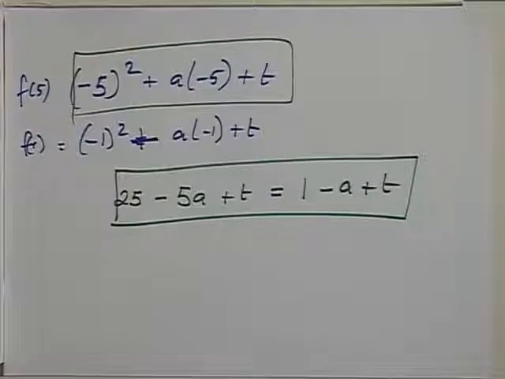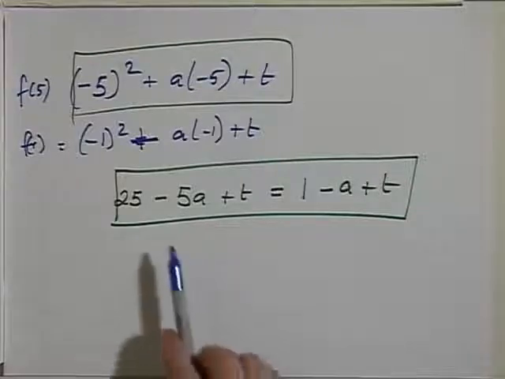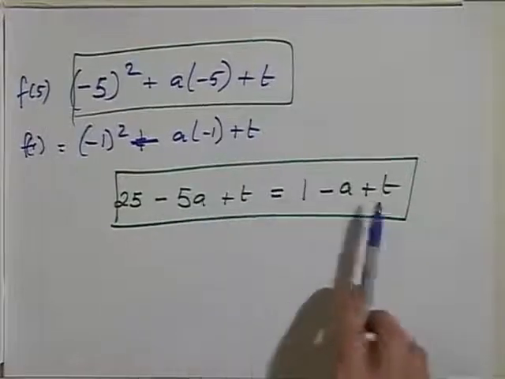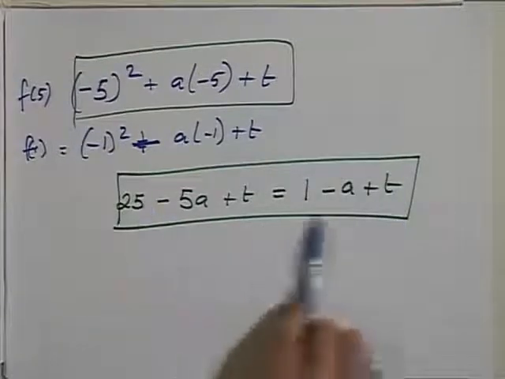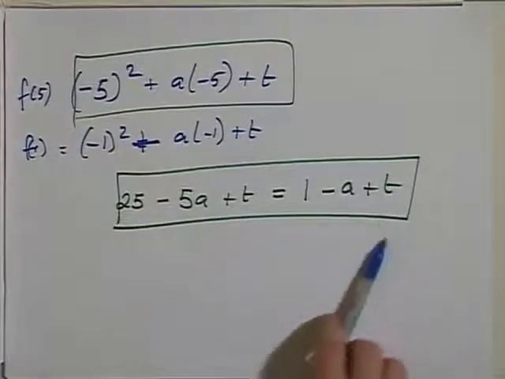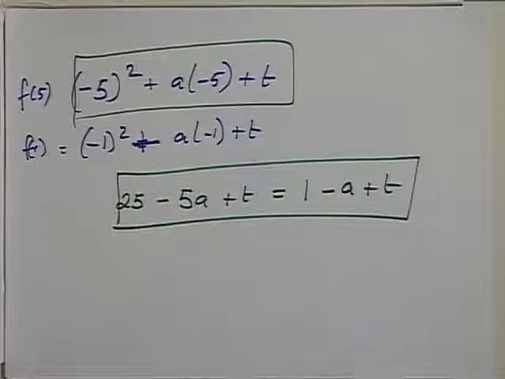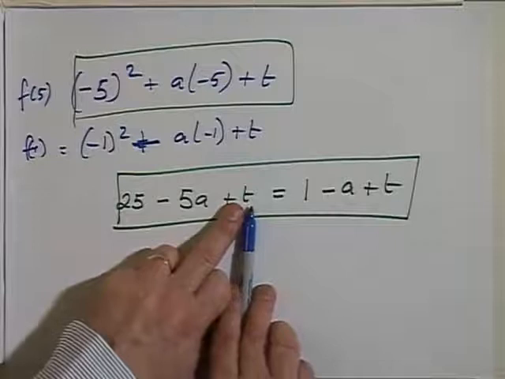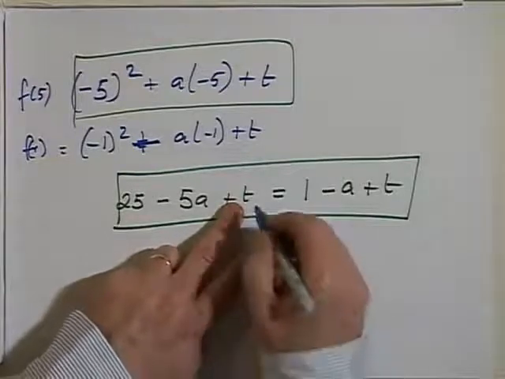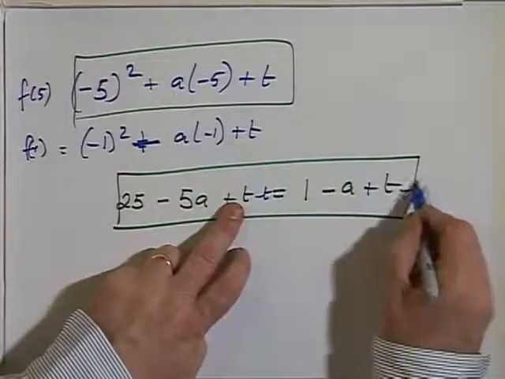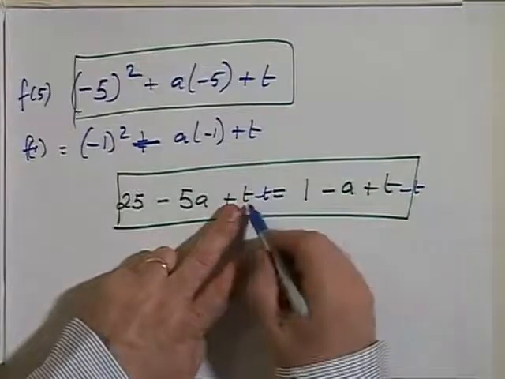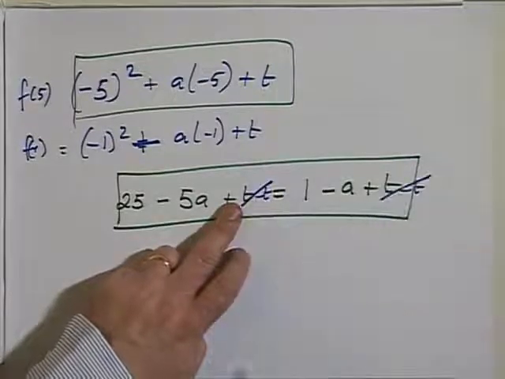Okay, are we there again? When you see equations like this, you're probably used to taking something over to the left-hand side or the right-hand side to solve it. But going back to what we did earlier, let's say we don't like this plus t here. Well, we could say minus t here and minus t here. As it turns out, that cancels, and so does that.